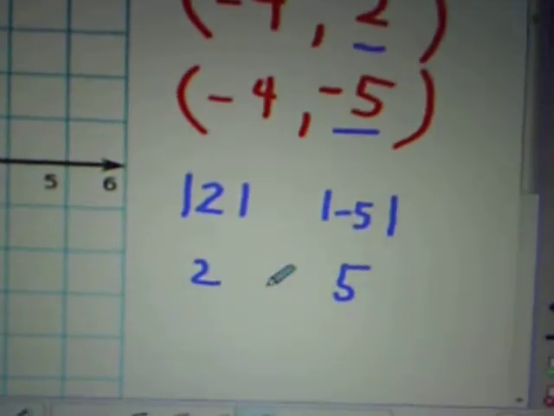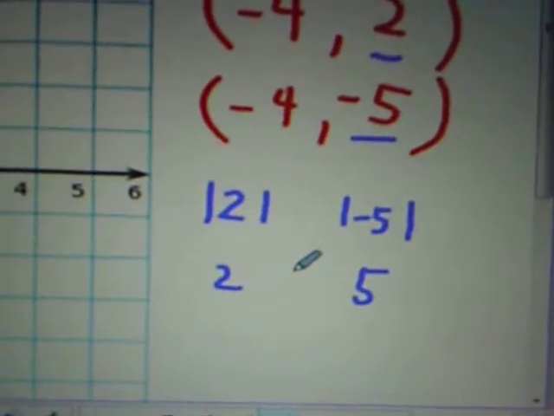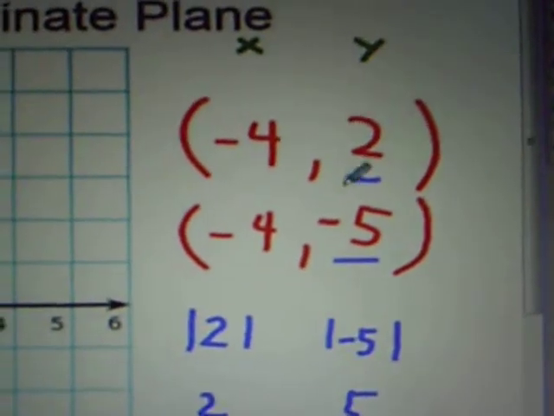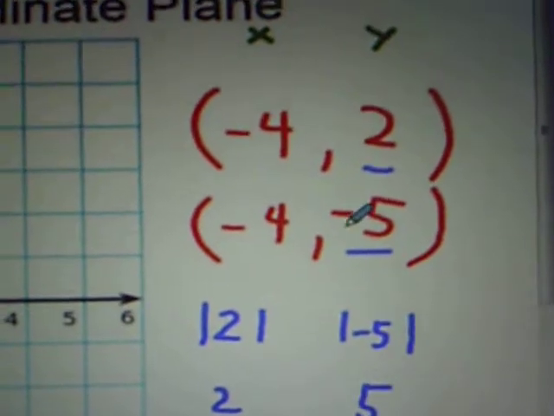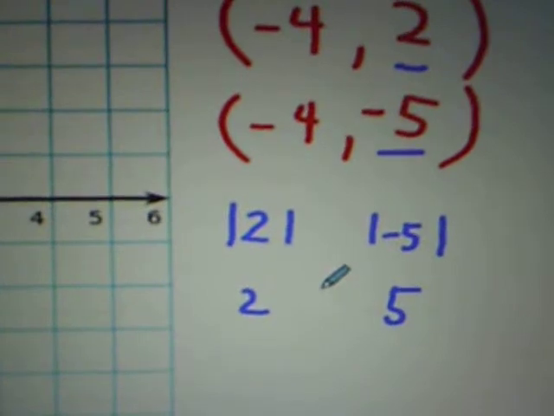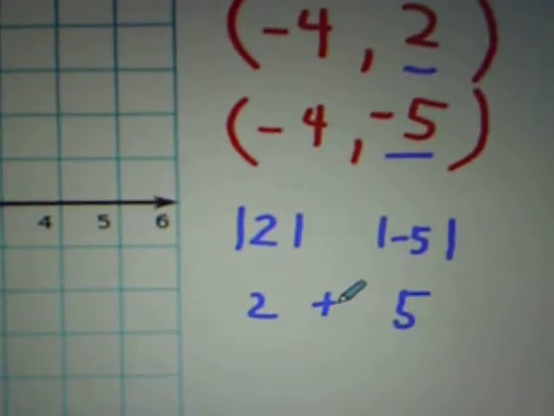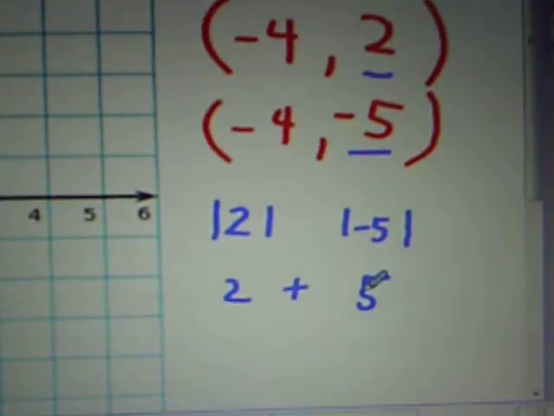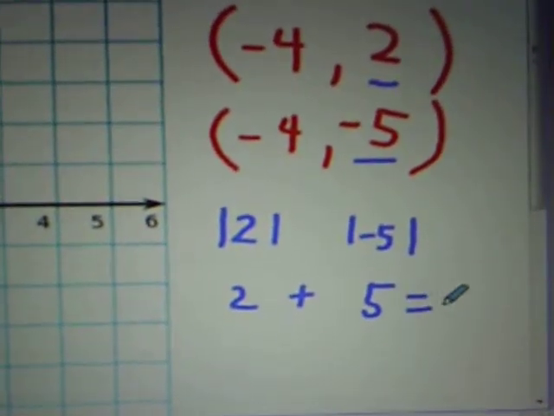And then we look to see, do we add these or do we subtract them? Well, since one of them is positive and the other's negative, that's a non-matching combination. One's positive, one's negative. That means we add them. Okay? And when you add them, you get 7 miles.